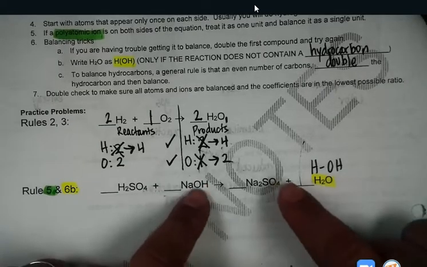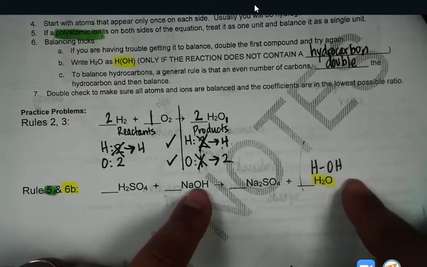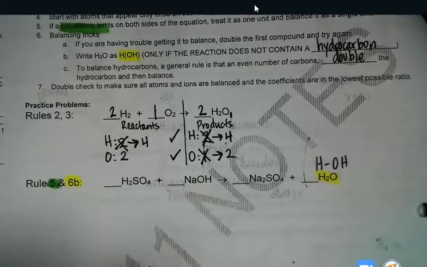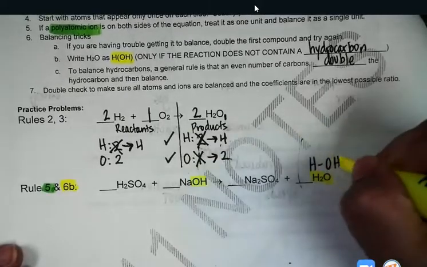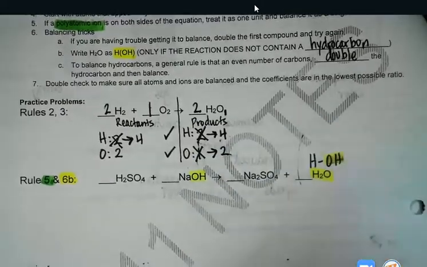If I don't have OH over here, there's no point in separating it into HOH. So what that does is it helps me to see that OH is a group on both sides.